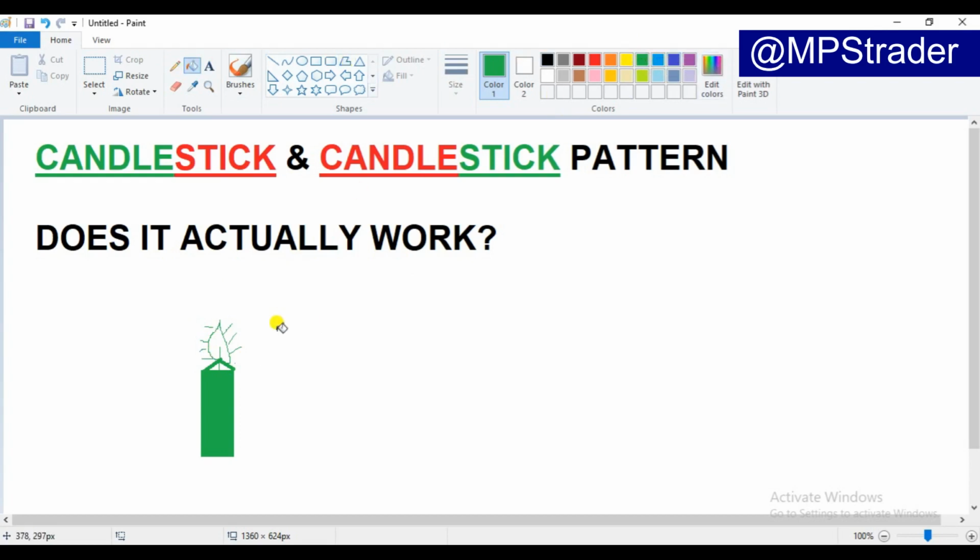So what about a candlestick in trading? Candlestick in trading is nothing, just a candle, right? Let me do it as a black, and we need some wicks. So what are these? This is a wick, right?